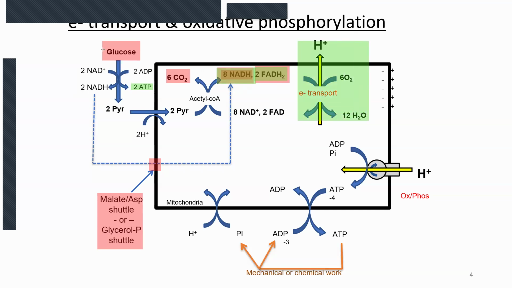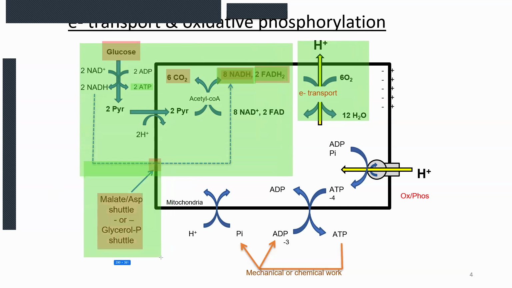Okay, so this shows basically our breakdown of glucose to CO2 and what comes from that. Now, do I want you to spend a lot of time on the citric acid cycle? Not particularly. Are we going to spend a lot of time on it? No, I've pretty much gone over the important points of it all.